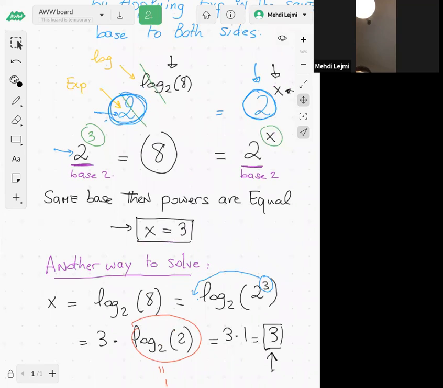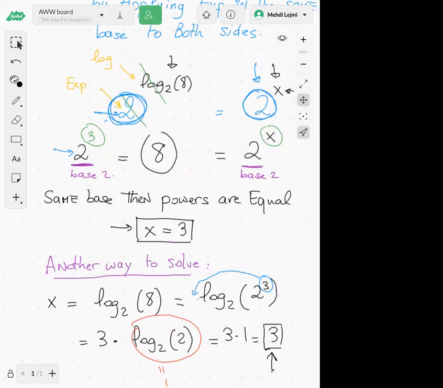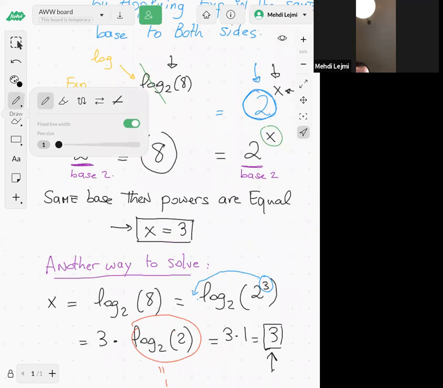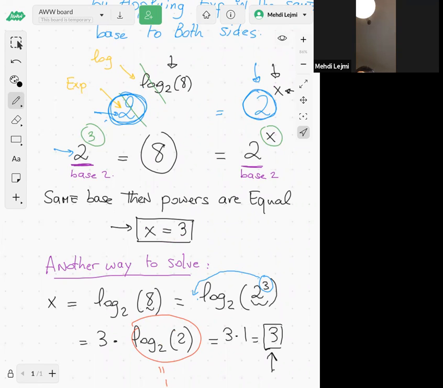Yes, Elizabeth. Can you explain the last part, like 3, 4? Yeah. Okay. So you agree that 8 is 2 cubed, right? I can write this 8 as 2 cubed, that's 2 times 2 times 2.